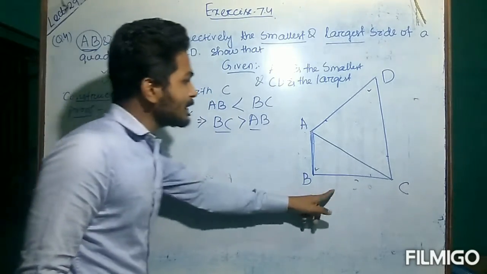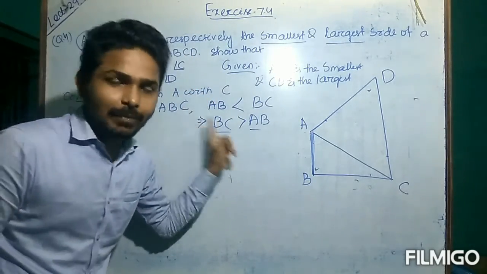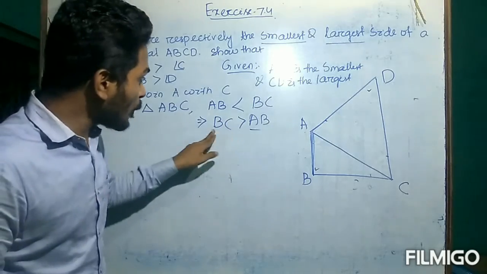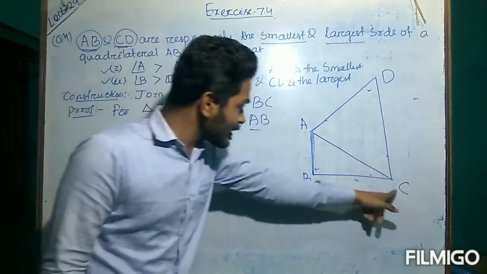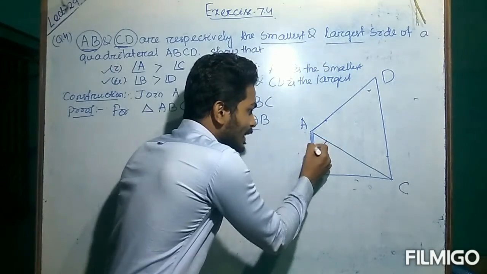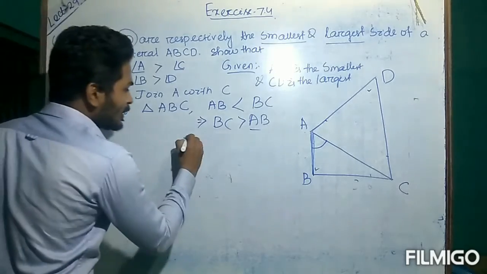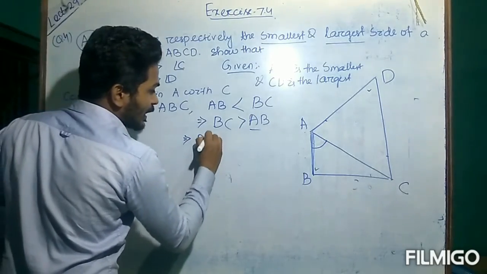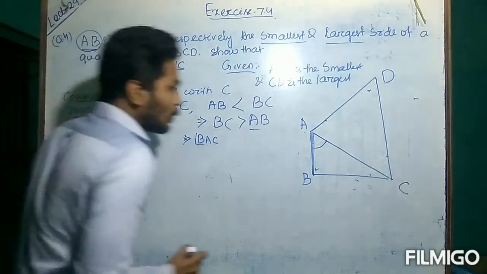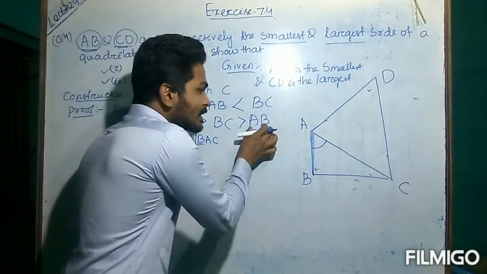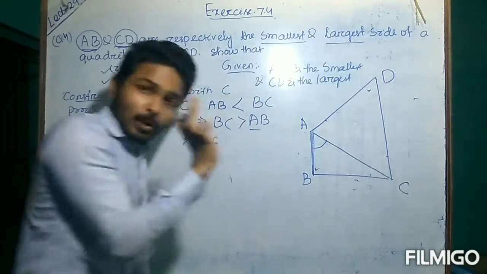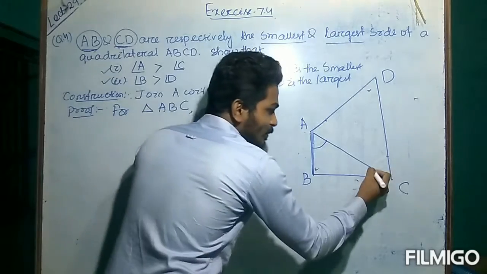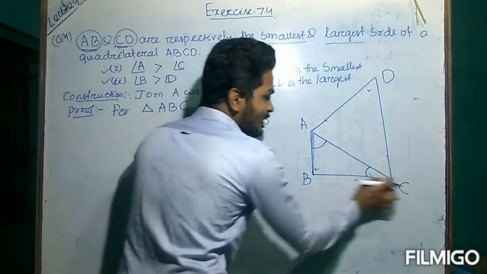Among BC and AB, which side is larger? Definitely BC is larger. What is the opposite angle of side BC? This angle, angle BAC. And the opposite angle of AB, the smallest side, is this one.